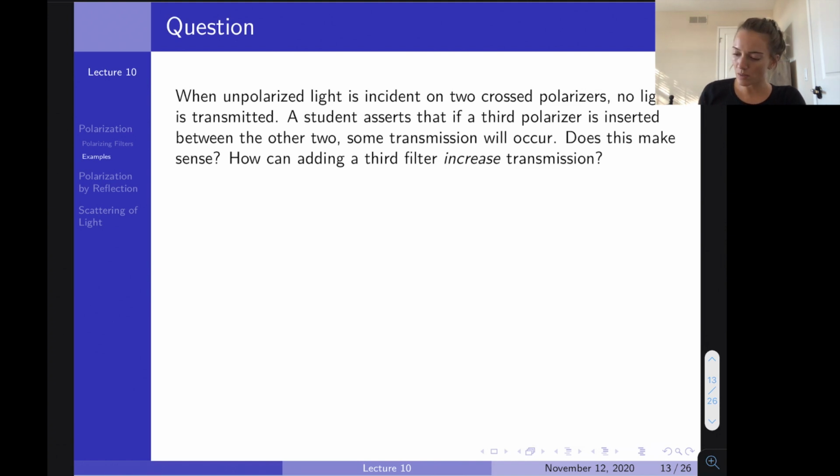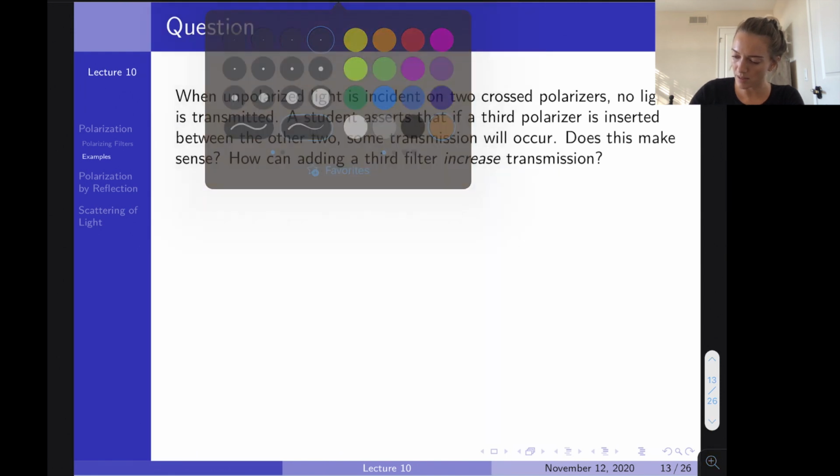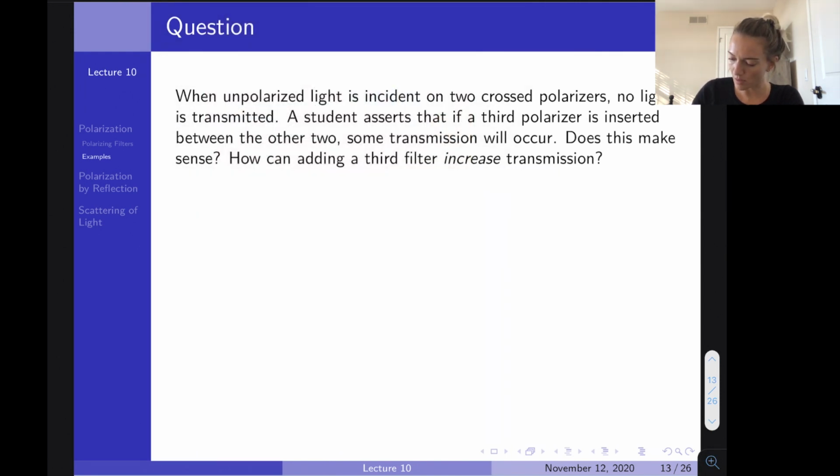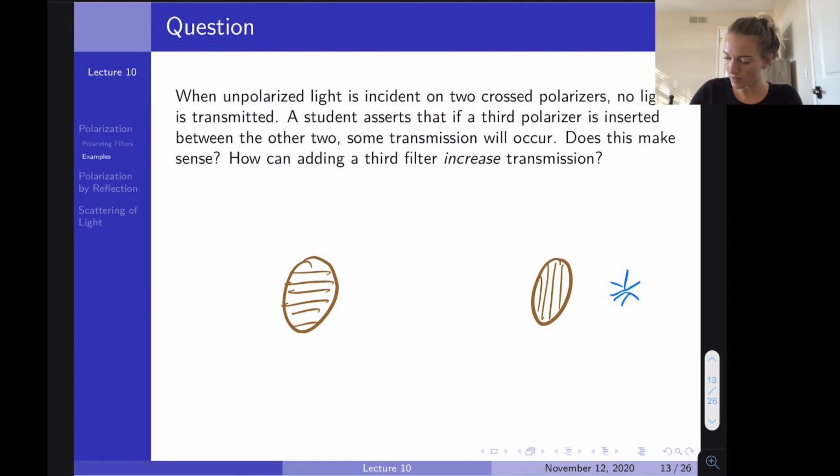Okay, so this one, like I said, is very similar to our previous problem. So we have a polarizer here that's this way, and another polarizer here that's this way. We know no light gets through. We have unpolarized light coming through this way.